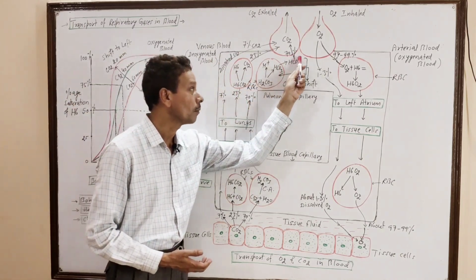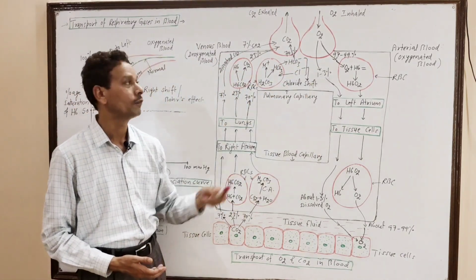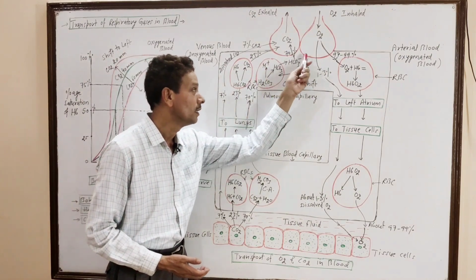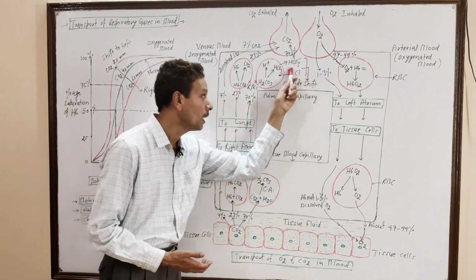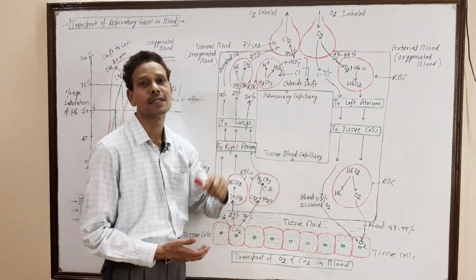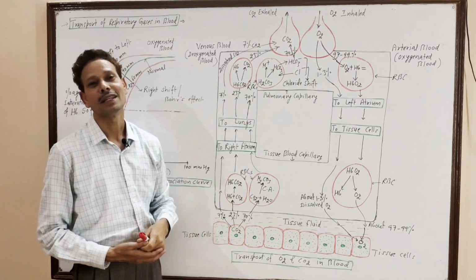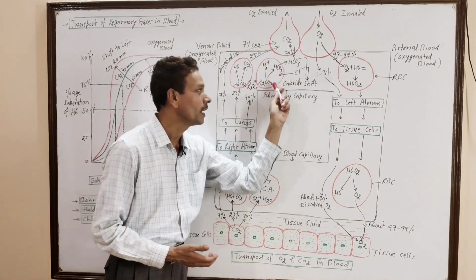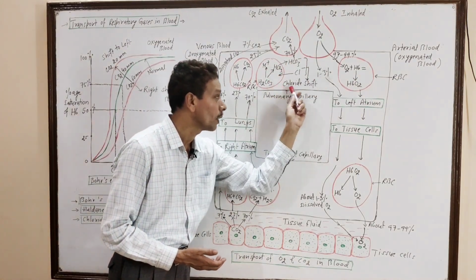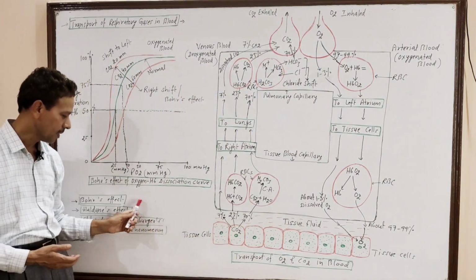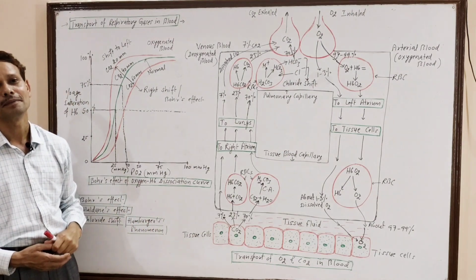These bicarbonate ions diffuse out from the erythrocytes into blood plasma, and chloride ions from blood plasma enter the RBCs to maintain ionic equilibrium. That is chloride shift. This is Hamburger's phenomenon.